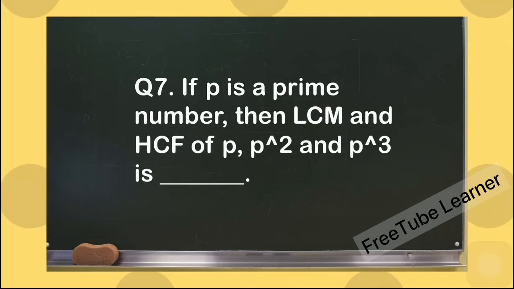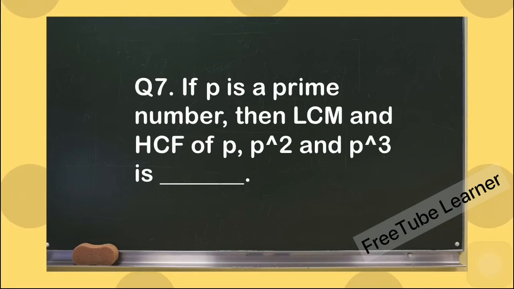Question 7. If p is a prime number, then LCM and HCF of p raised to 2, p raised to 3 is dash. Here, since p is a prime number, the numbers are already expressed in the form of powers of primes. So we know the LCM is the product of the greatest power of each prime factor involved.